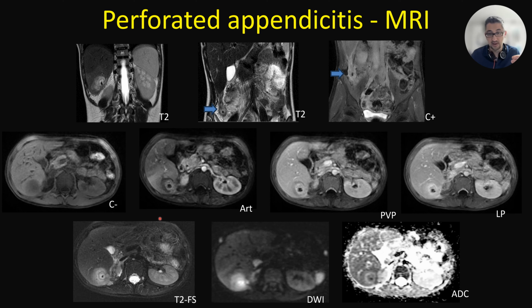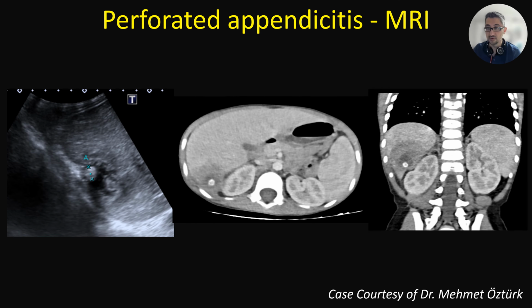So this was a liver abscess secondary to appendicitis, and the dark lesion in the center turns out to be a fecalite. And this was drained later on.